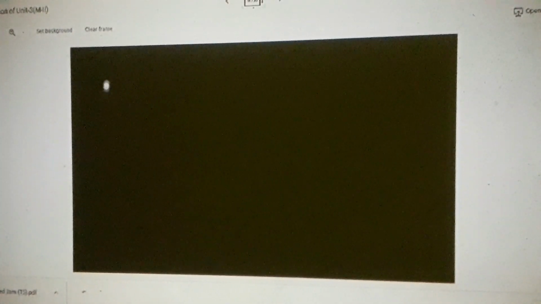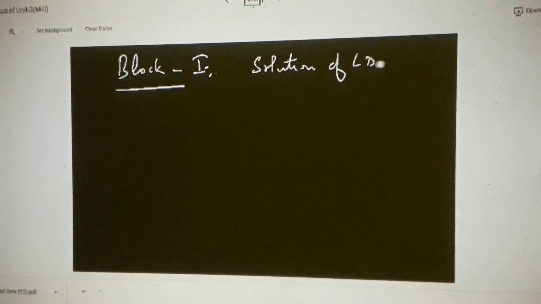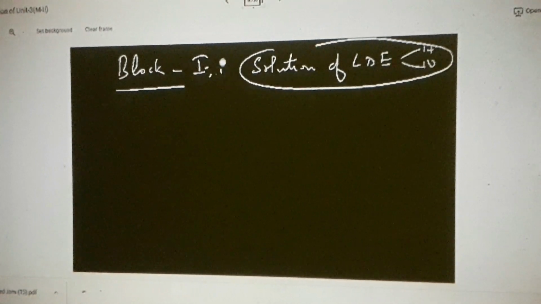So this particular unit has certain blocks. Okay, block 1, I am treating them as blocks. Block 1 is solutions of linear differential equations, homogeneous and non-homogeneous. These things we have finished. This is one block.